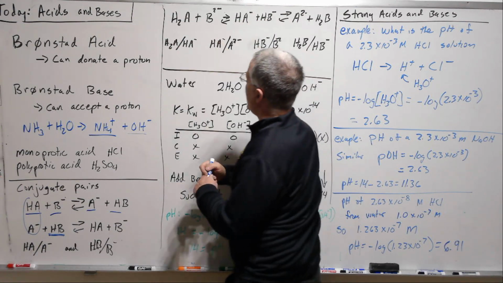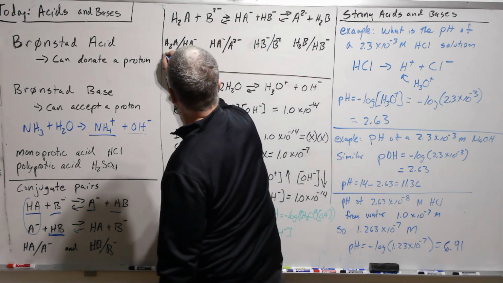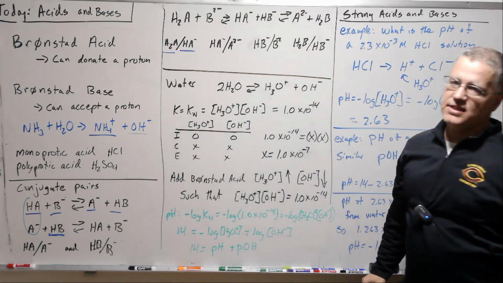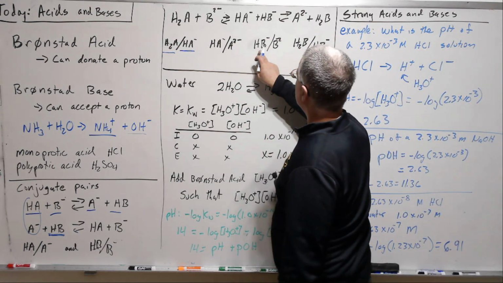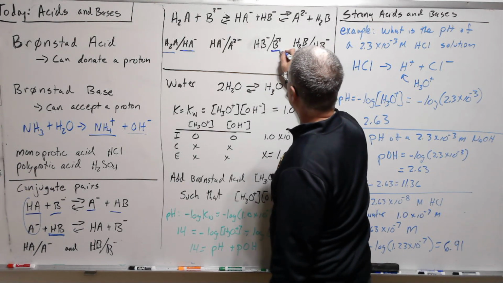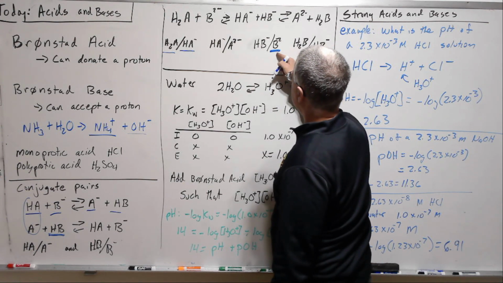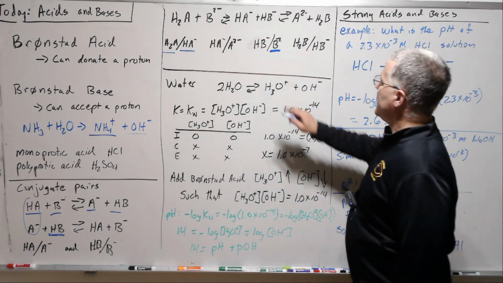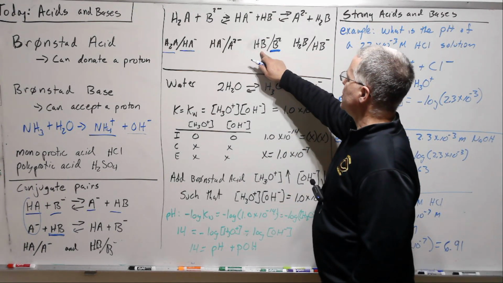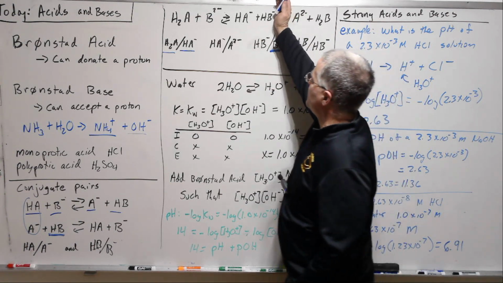So the conjugate base to H2A plus is HA minus. Likewise, the conjugate acid to the base is HB minus for this part of the reaction.